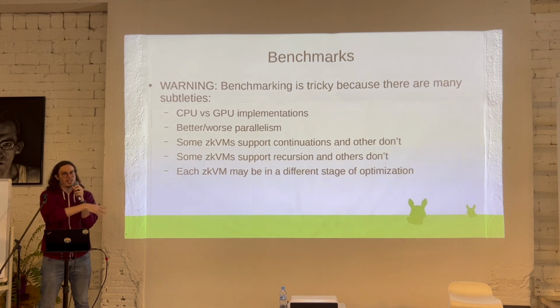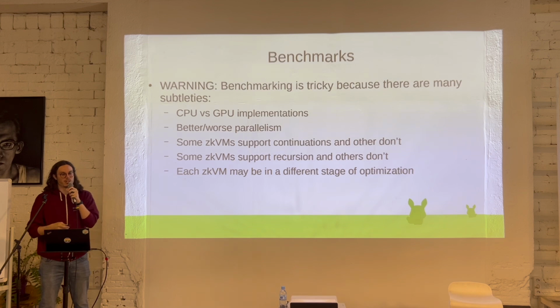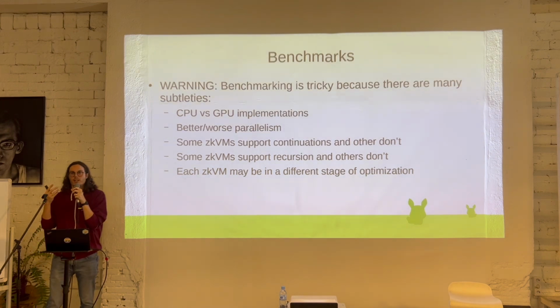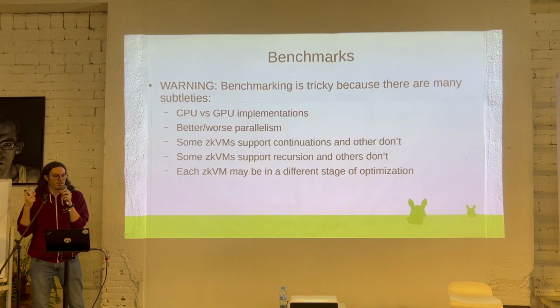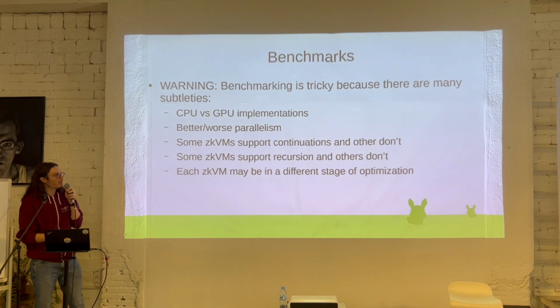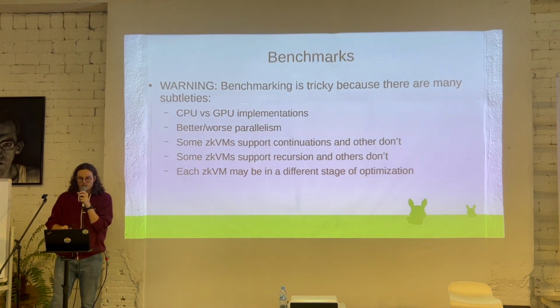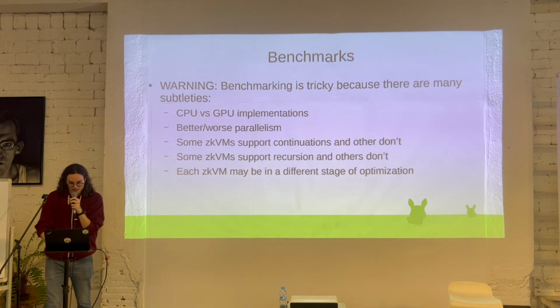Some projects may have better parallelism right now and others worse. Some projects support continuations and recursion and the others don't, and this can affect the performance of a single chunk of proof. And also different projects are at different stages of optimization. So the results could change next week or in a month.